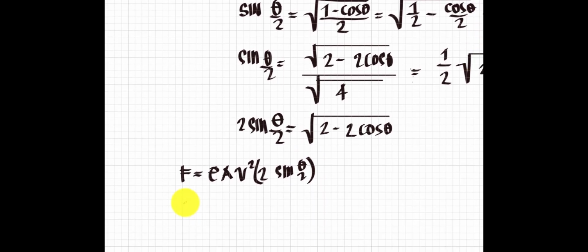Okay, or we can finally write this as 2 times your density, area, velocity squared, then multiply by sine of theta over 2. Now, that will be the value of our resultant force for the reaction from your fixed curve plate.